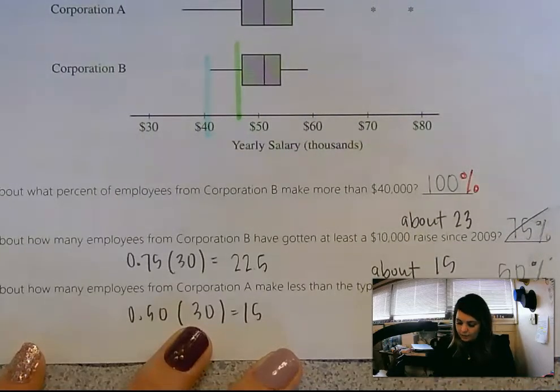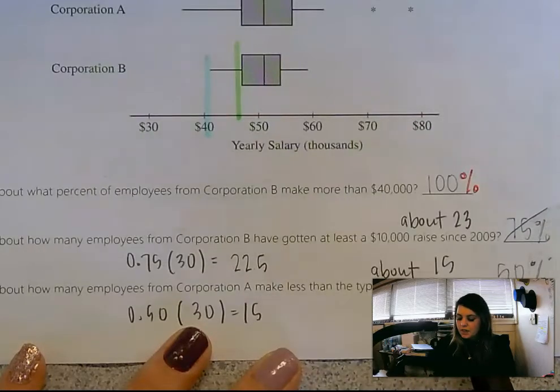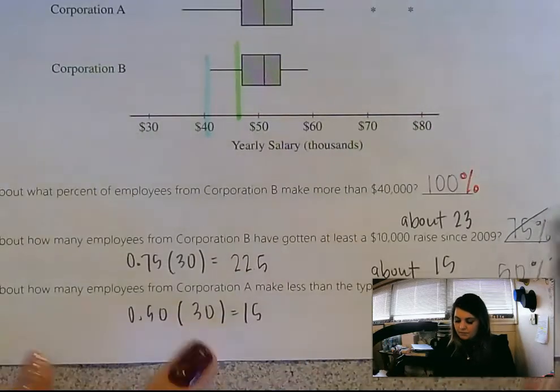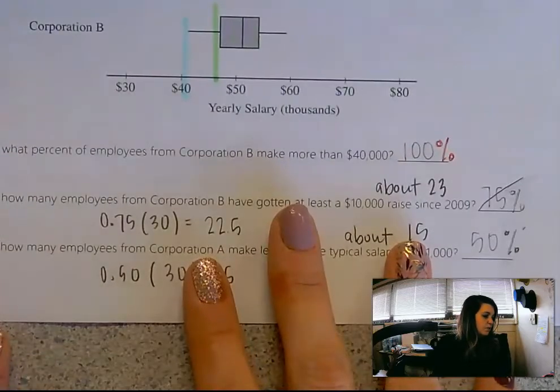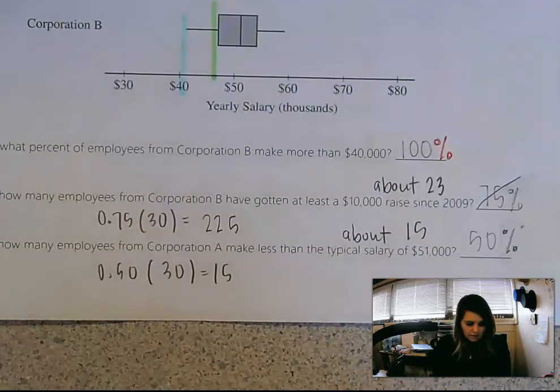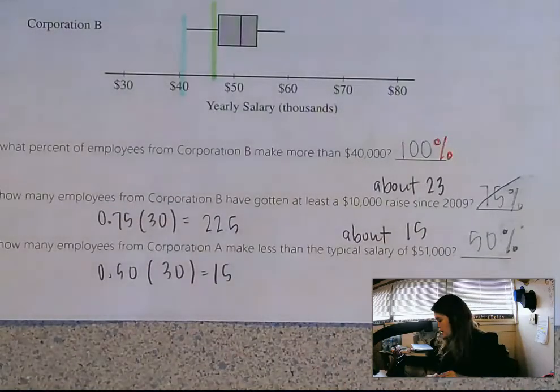How many employees from Corporation A make less than the typical salary of $51,000? So the key word there is the word typical. And they are trying to get you to recognize that the typical observation oftentimes is also your median or your mean.